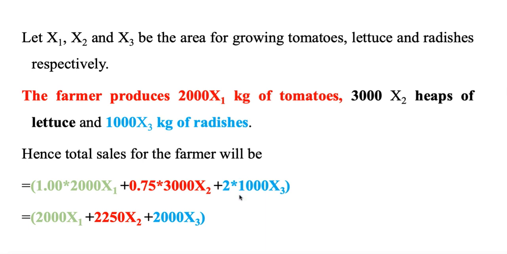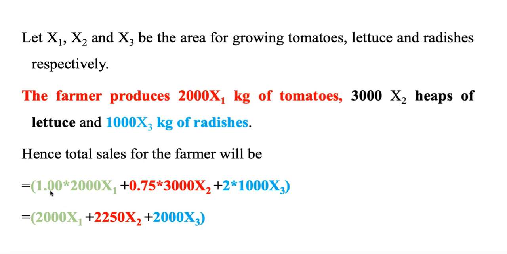So 1000 into x3 will be the total output from the x3 acres of land under the cultivation of radish, and when we multiply it by the per kg price, we are going to get the total sales from these radishes, right?